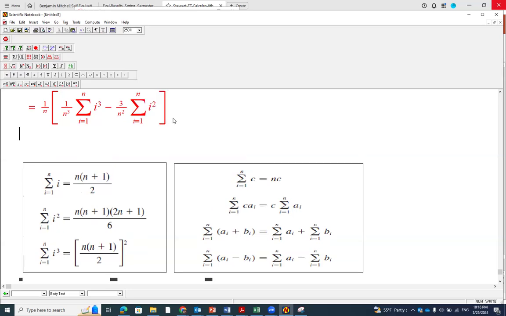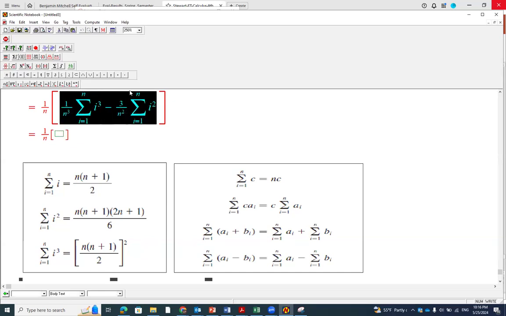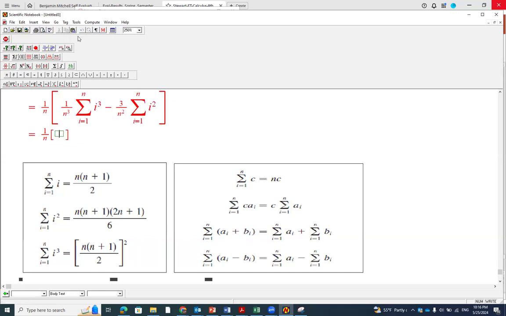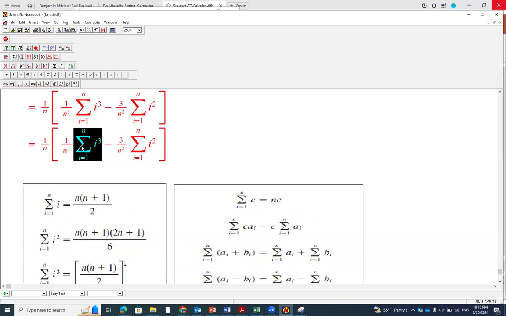So look, once we apply that formula, in the bracket, this whole thing we're going to put inside here, and that piece will be replaced by this formula, which is n times n plus 1 over 2, and then squared.